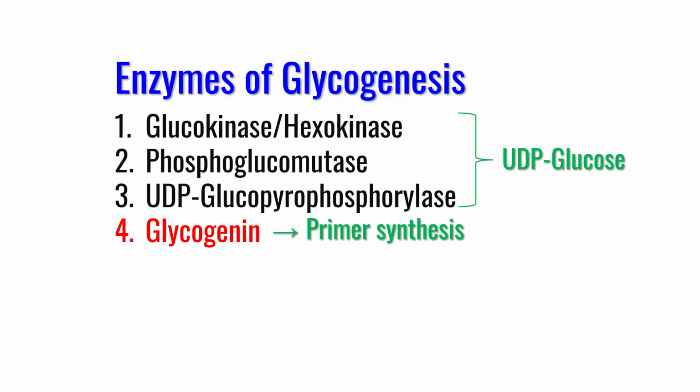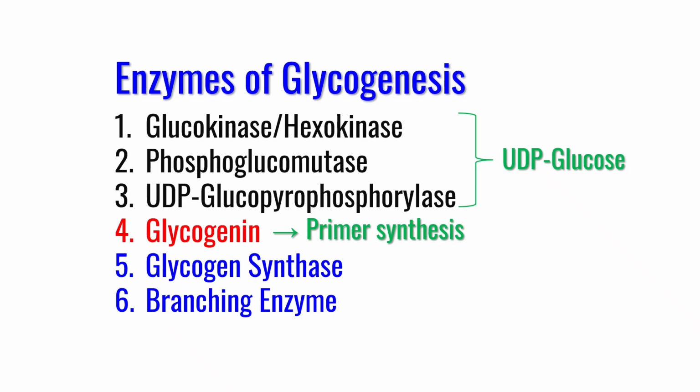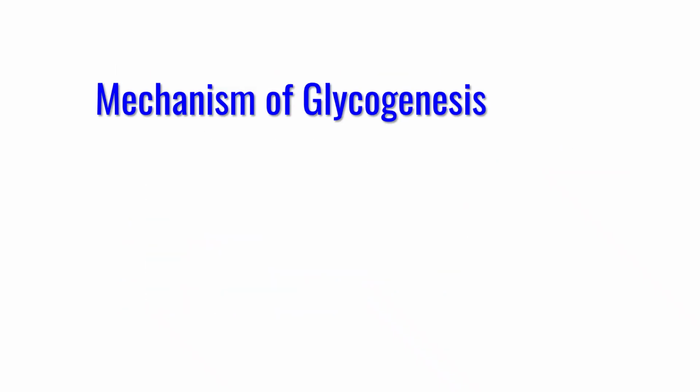Fourth enzyme is glycogenin, which is used to synthesize the primer. Primer is an absolute requirement for the synthesis of glycogen. And the fifth and sixth enzymes, glycogen synthase and branching enzyme, are the core enzymes used in the synthesis of glycogen. We will discuss these in detail in the coming slides.